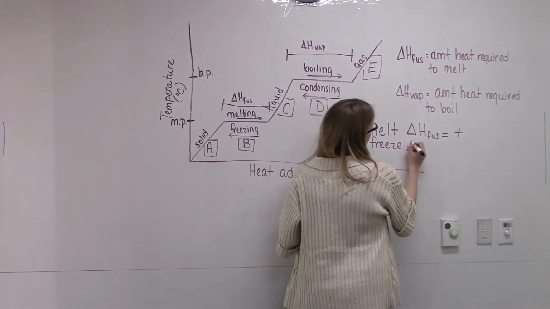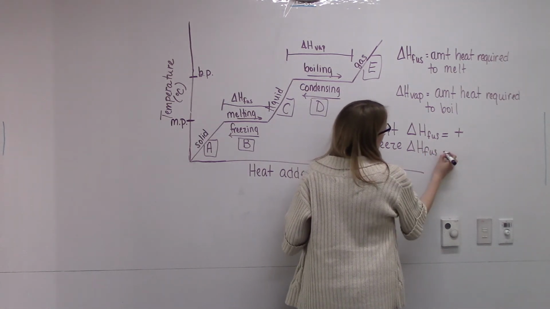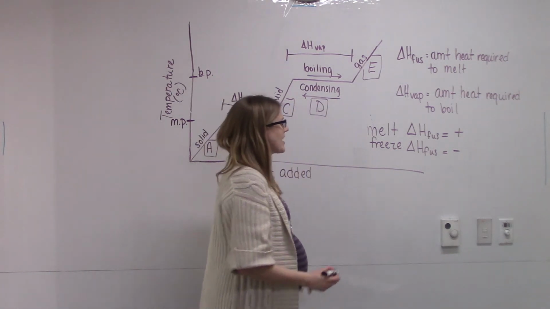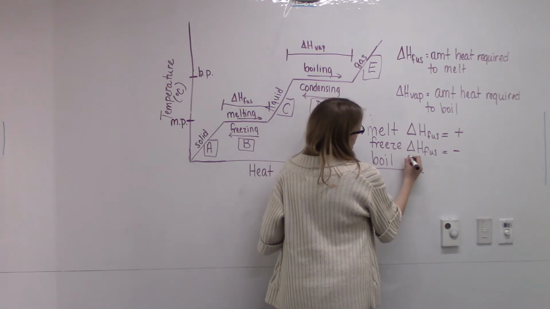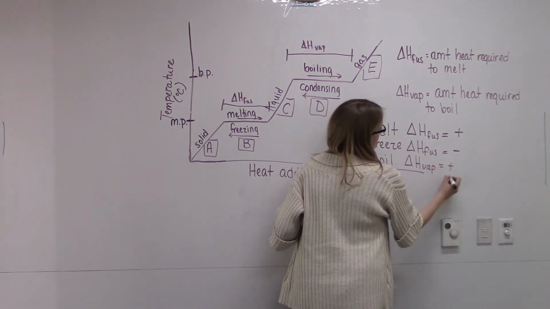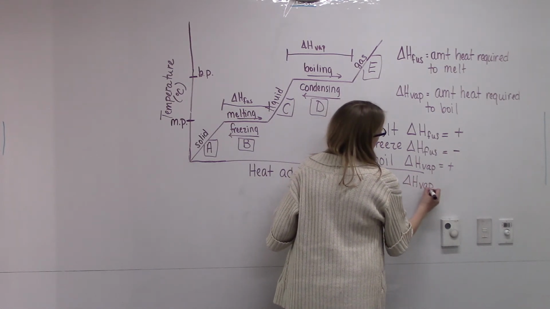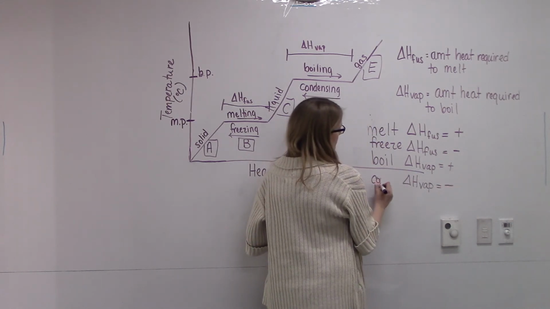When we freeze, we take away heat. So it'd still be the same value, but all of a sudden it'd be a negative number. That's the same thing with boiling. Delta H of vaporization would be positive, and delta H of vaporization would be negative if we're condensing.